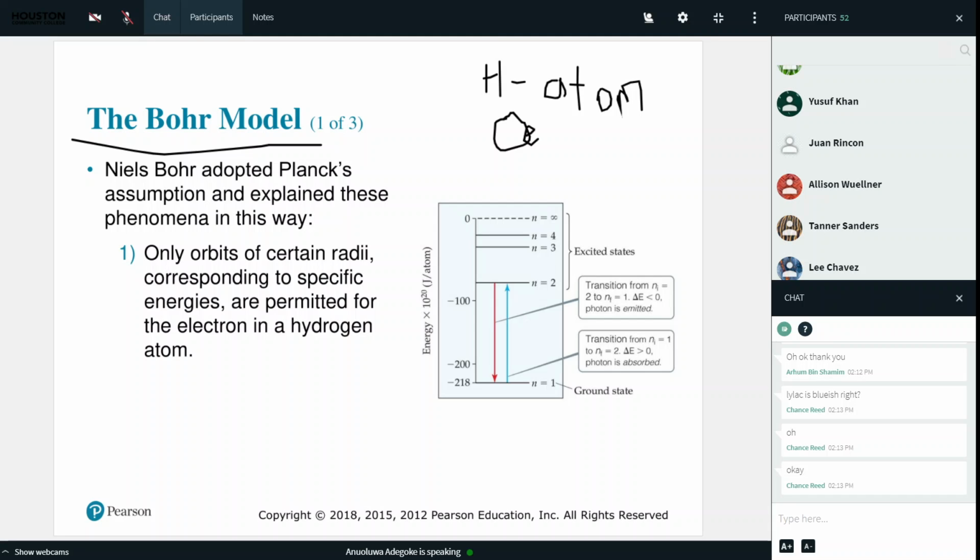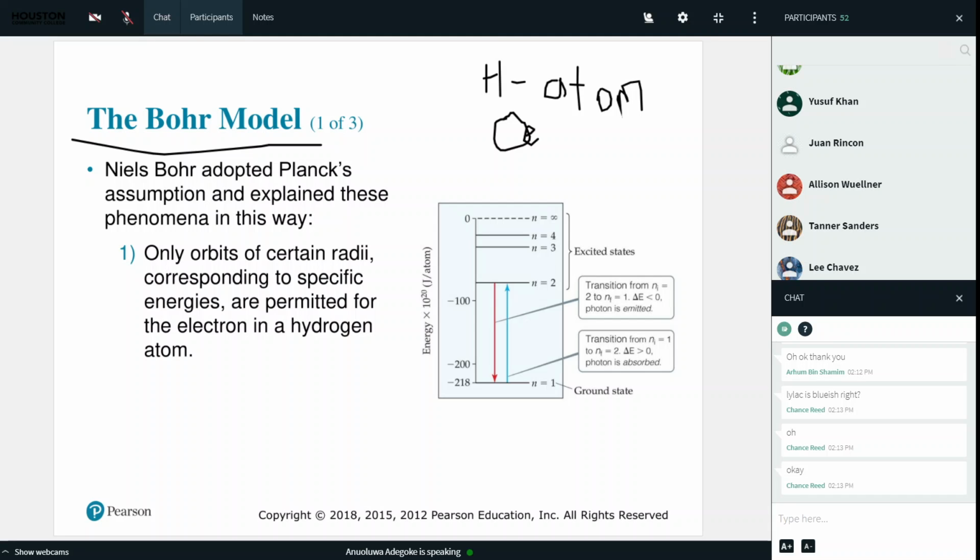Back to Niels Bohr's description: this is level 1, this is level 2, and all these levels are also there, but Bohr could not really account for this level. So we're just going to stay with what Bohr was talking about. If an electron jumps from level 1 to level 2, before that could happen, the electron must have absorbed energy.